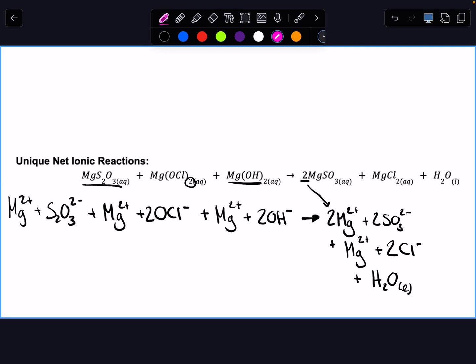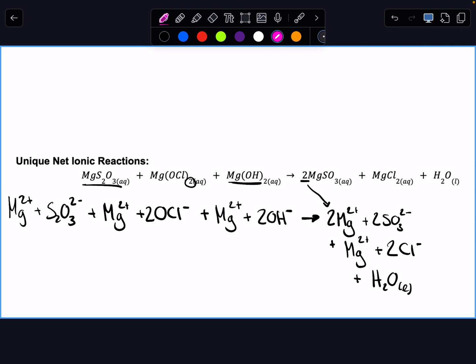Okay, now once again, everybody, give me your attention. This problem looks different, but it really is still the same steps. We're looking at all of them as their ions, and now we need to get rid of the spectators. So who is spectating this reaction that I can get rid of? Good. Now notice you have magnesium in a lot of places, so make sure you have the same amount.